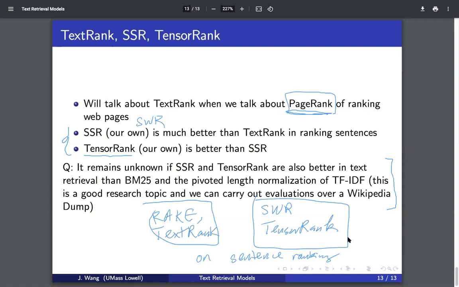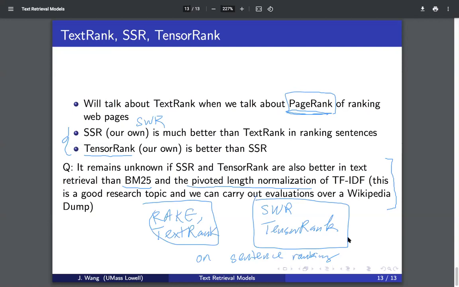If we want to apply this to text retrieval, that means you really have a corpus. When you have a corpus, we can use either BM25 or the pivoted length normalization to compute similarity scores of a document with the query. We said that we can come up with a different scoring for words, and now we do have different scoring for words.